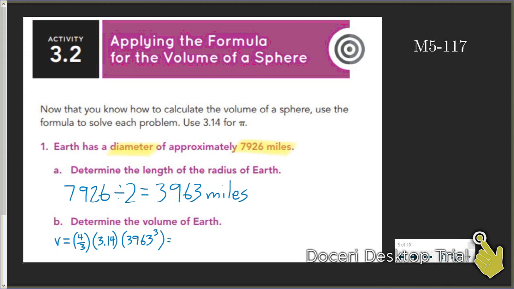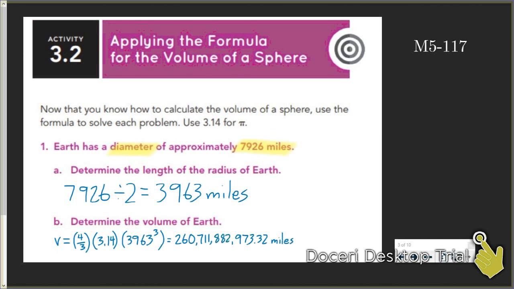And that number is 260 billion 711 million 882,973 and 32 hundredths, and that is miles.